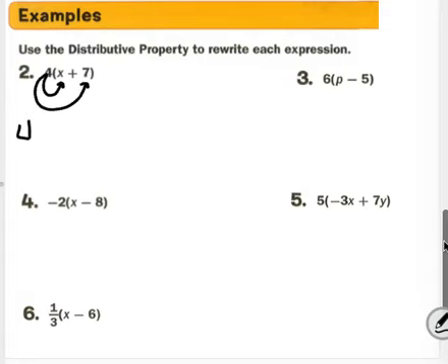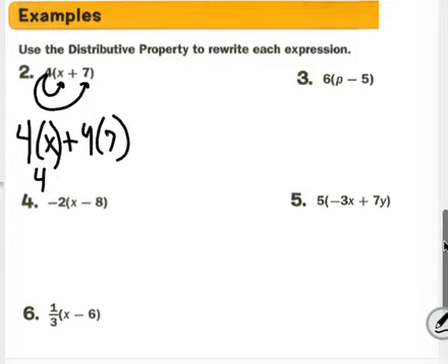So this becomes 4 times x plus 4 times 7. And when we simplify that, that gives us 4x plus 28. So that's our simplified version, 4x plus 28.